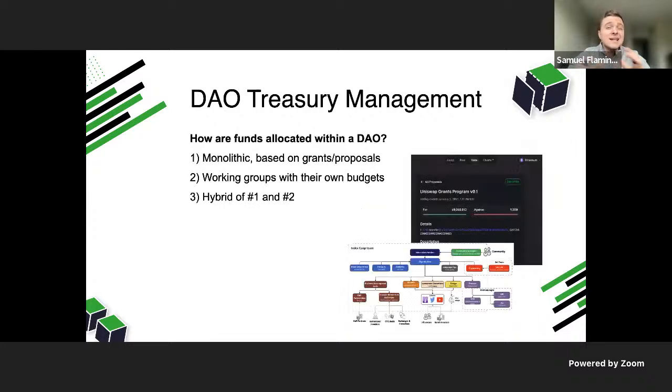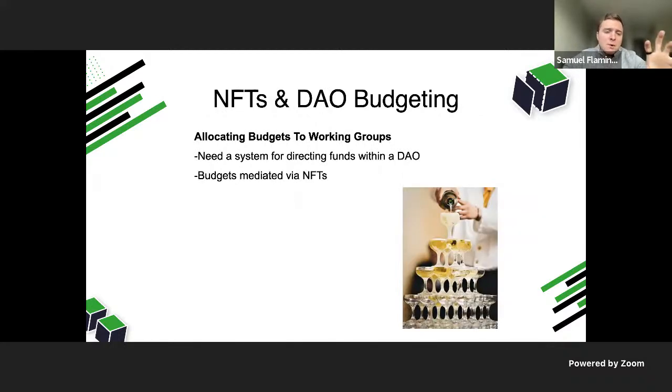And right now, when you think about how funds are allocated within a DAO, they're typically done one of two ways, right? You can either do it in a very monolithic way based on grants and proposals, or you can have working groups with their own budgets. And you also have hybrids of 1 and 2, right? And one way to think about this is using NFTs to allocate budgets to these working groups, right?